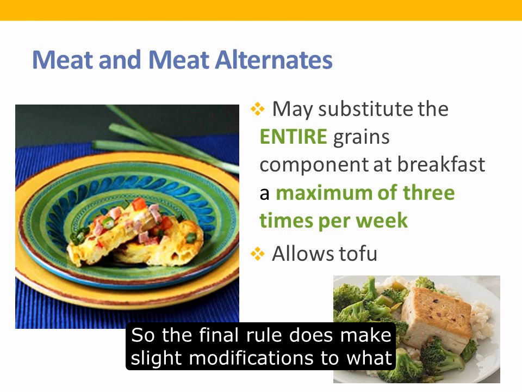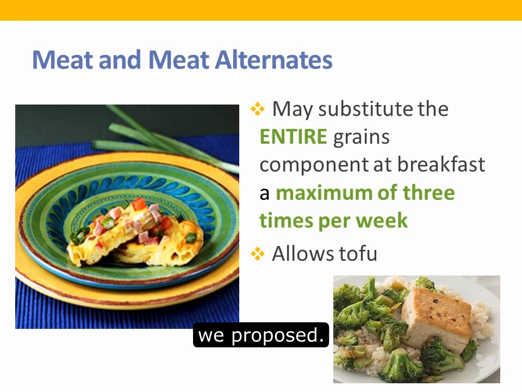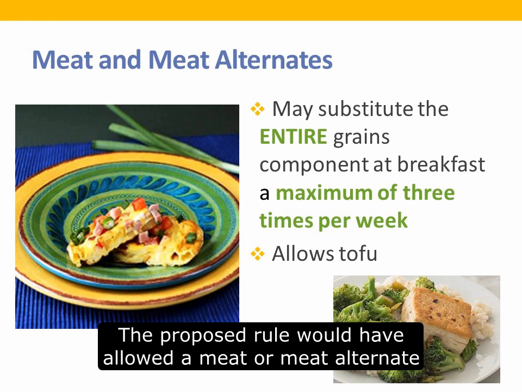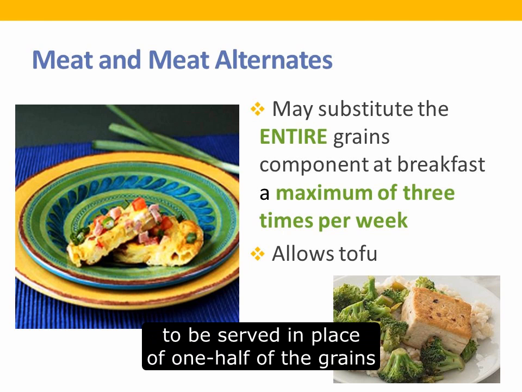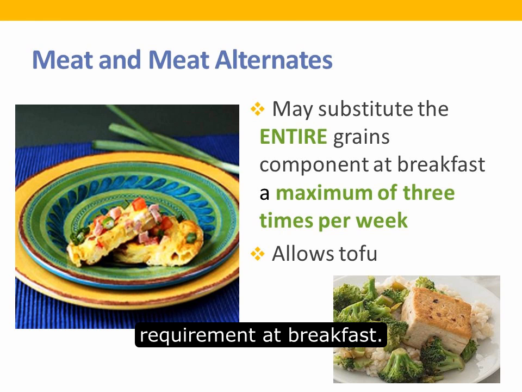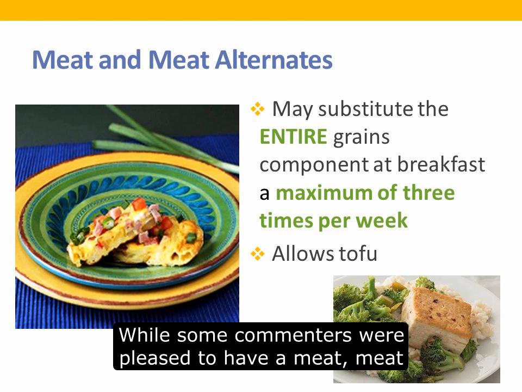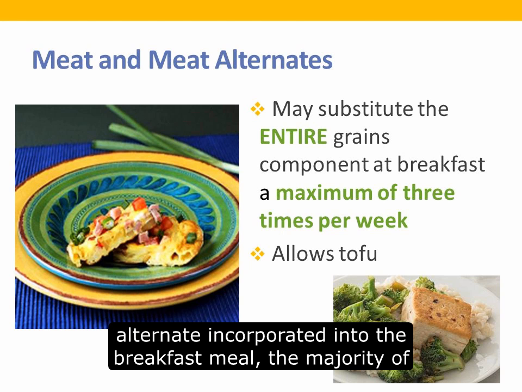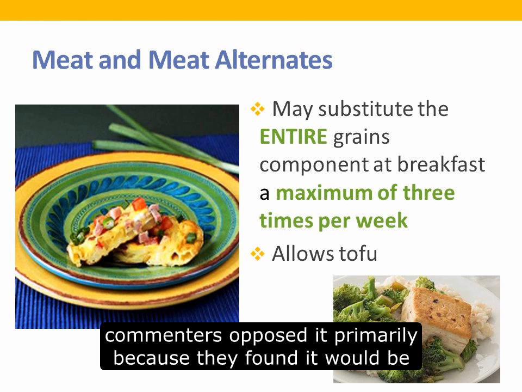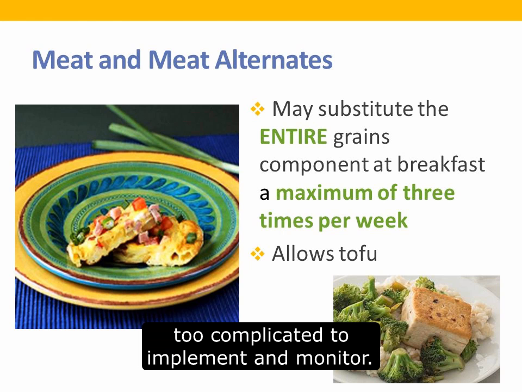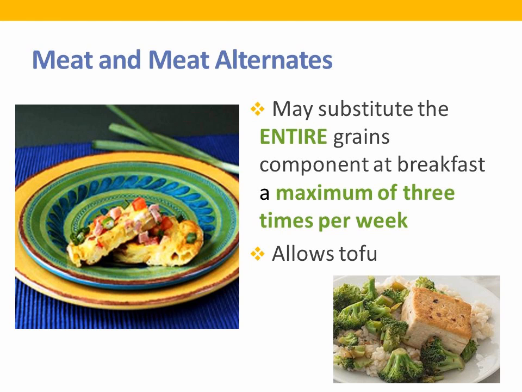So the final rule does make slight modifications to what we proposed. The proposed rule would have allowed a meat or meat alternate to be served in place of 1/2 of the grains requirement at breakfast. While some commenters were pleased to have a meat alternate incorporated into the breakfast meal, the majority of commenters opposed it, primarily because they found it would be too complicated to implement and monitor.